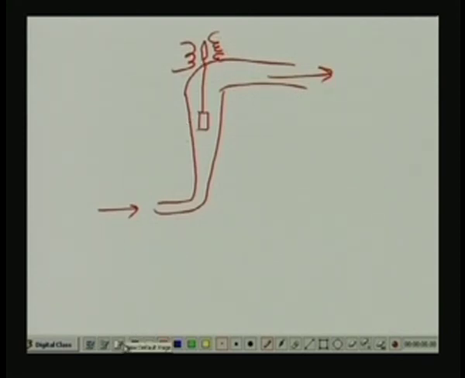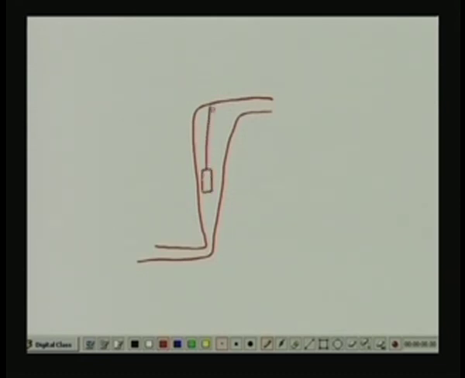Okay. See, if I draw it nicely, it looks like this, you see. So, I have a bob here and it is flowing like this one, the sealing is there.